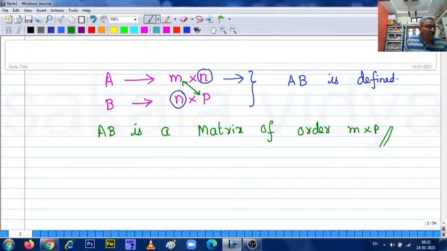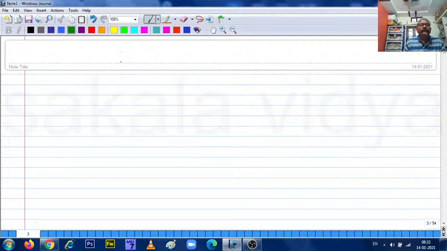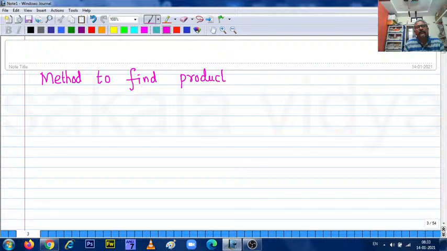Now how to multiply? Let us discuss the method to find the product of two matrices.